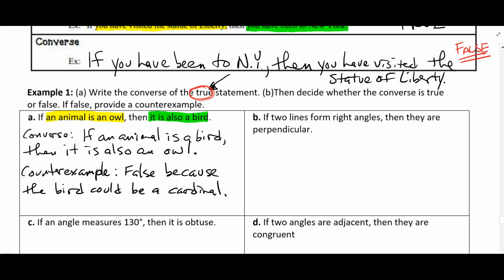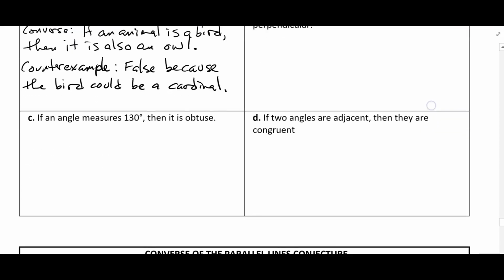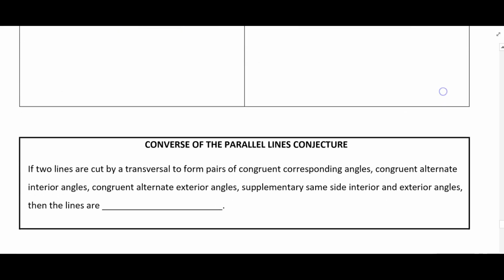So there's one example of why our statement is not true. All we have to do is provide one example to show that it's not true. Then you'll go ahead and finish the rest of those.